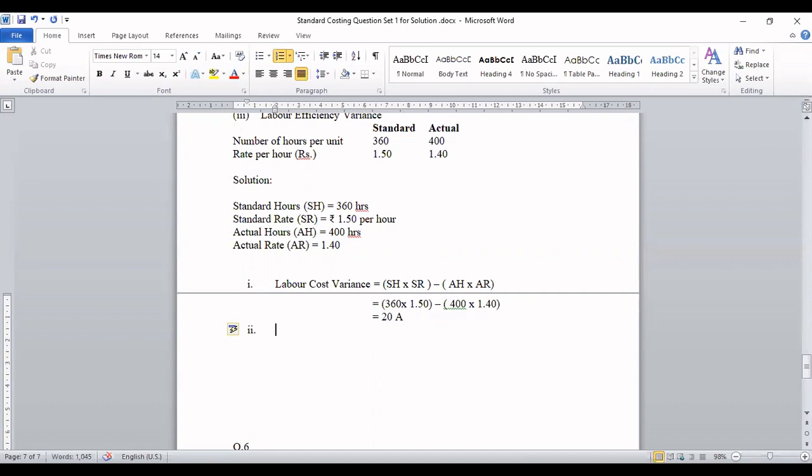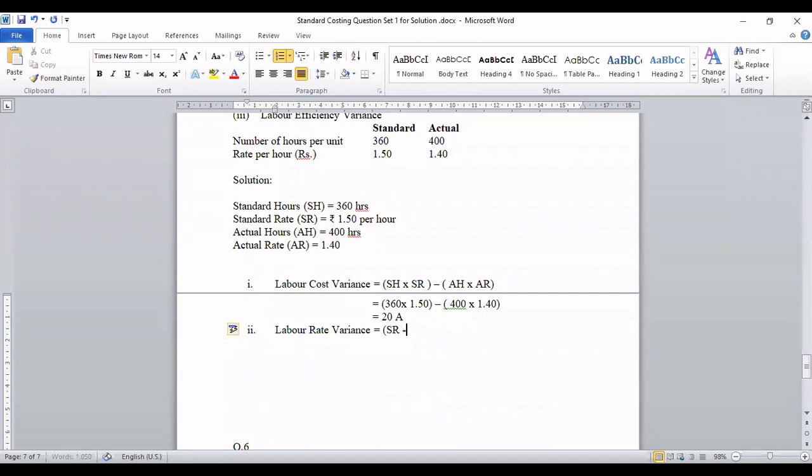Now, labor. The second one, labor rate variance. Okay, beta? Rate variance. Now, tell me. Standard rate minus actual rate. Okay, very good.